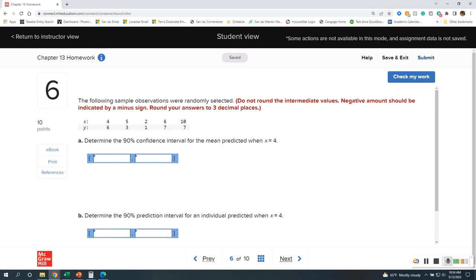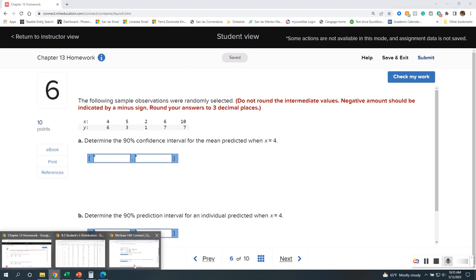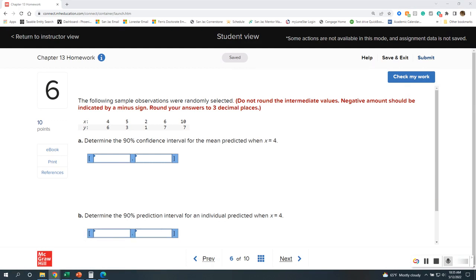So here again, we're going to have to determine the formula. We really do need to figure out what the formula is.